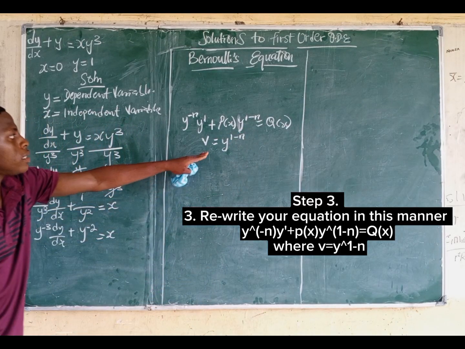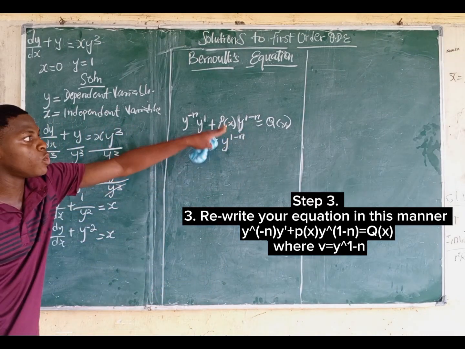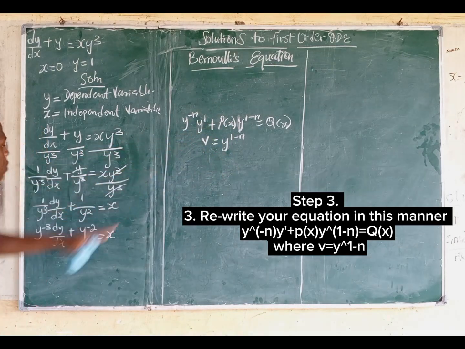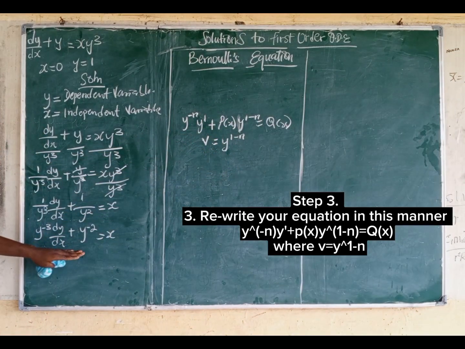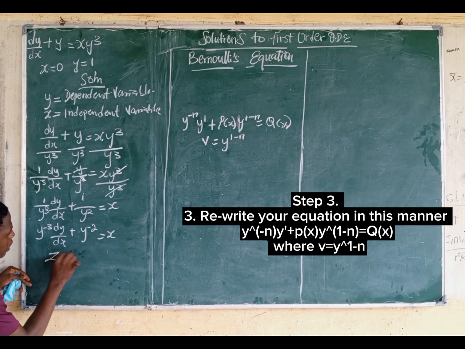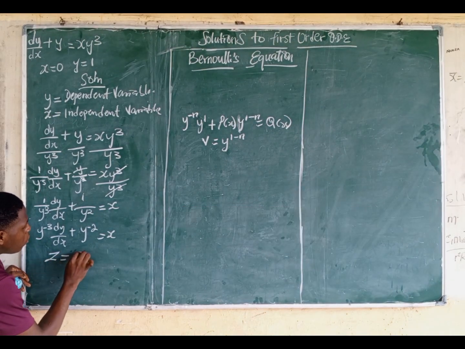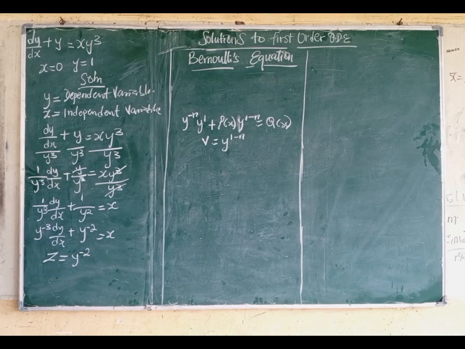So now doing that to the steps, with what we have in the steps, we'll do the same thing to what we have here. So now, what can we call v? We can say z is equal to y raised to the power of minus 2.